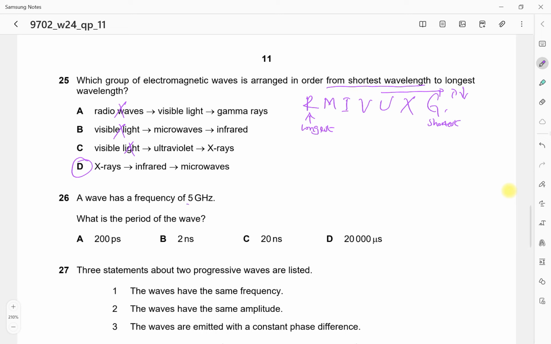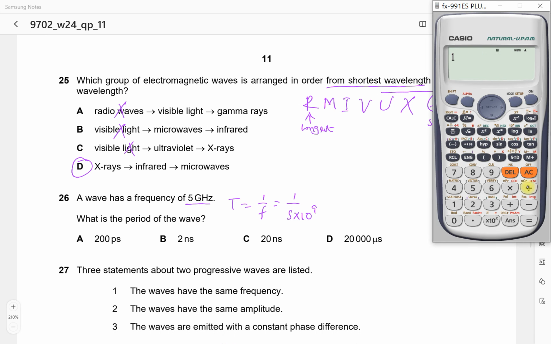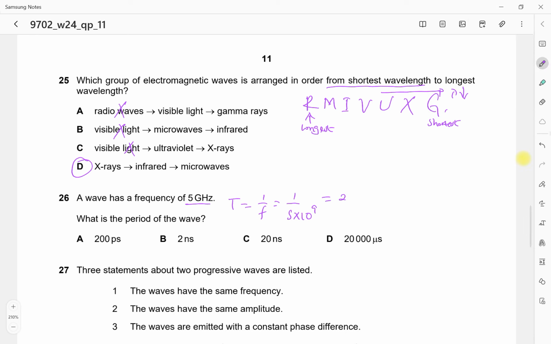A wave has a frequency of 5 gigahertz. What is the period of the wave? So period is equal to 1 over f, which is 1 divided by 5 times 10 to the power of 9. That is giga. 1 divided by 5 exponent 9. So that is 2 times 10 to the power of minus 10 seconds.